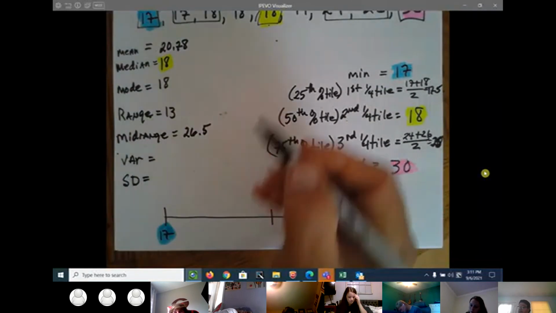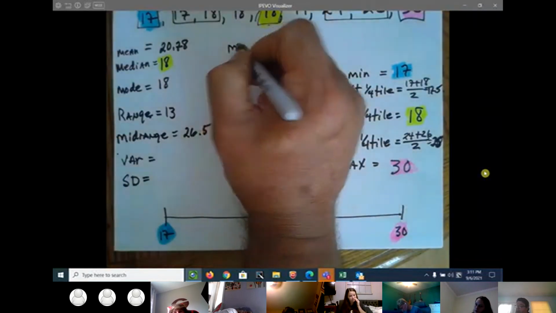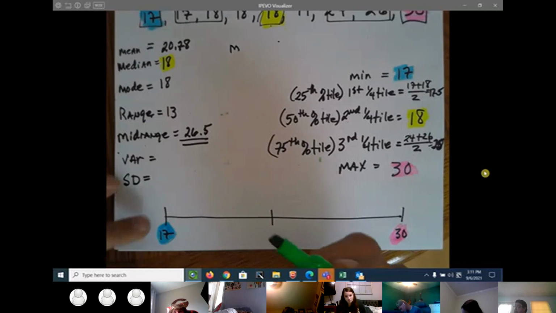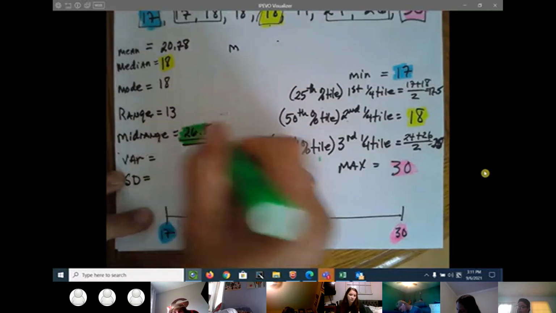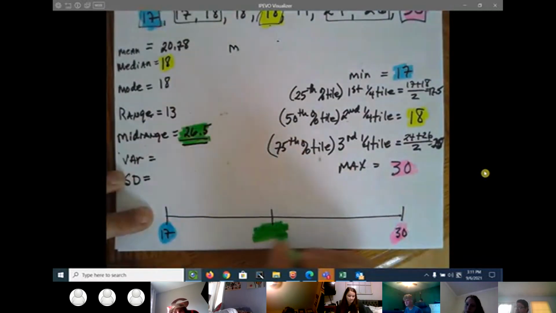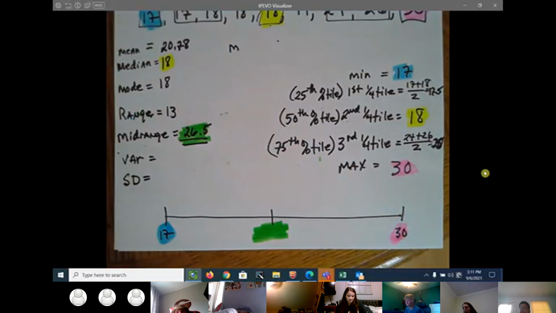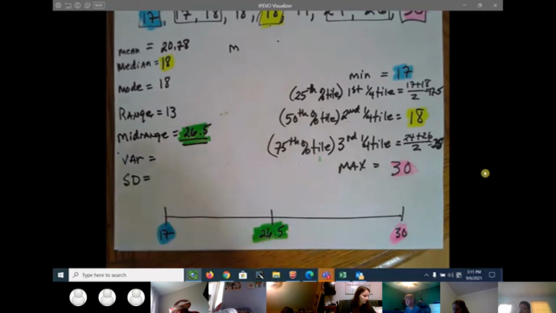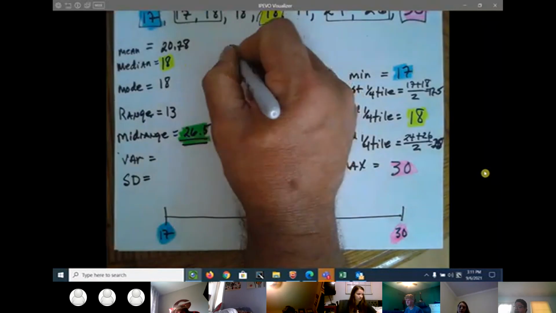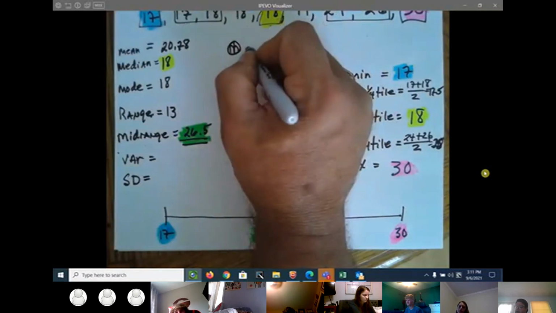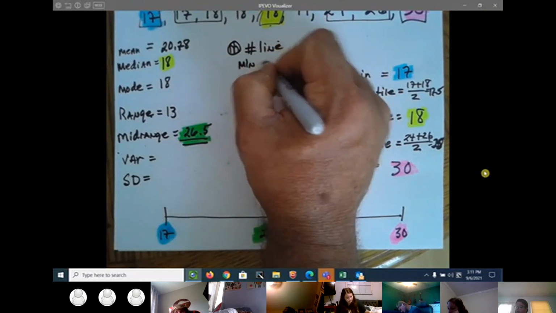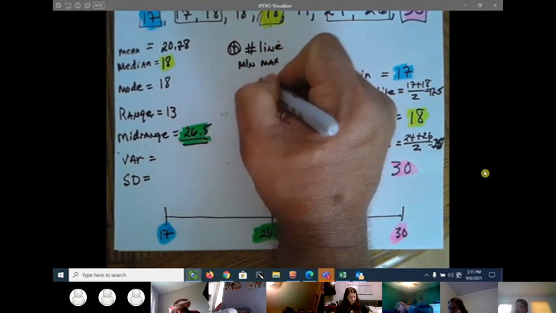The mid-range. Oh, there it is. 26.5. So the first thing you do is you draw a number line. Number one, draw a number line with the min, the max, and the mid-range.